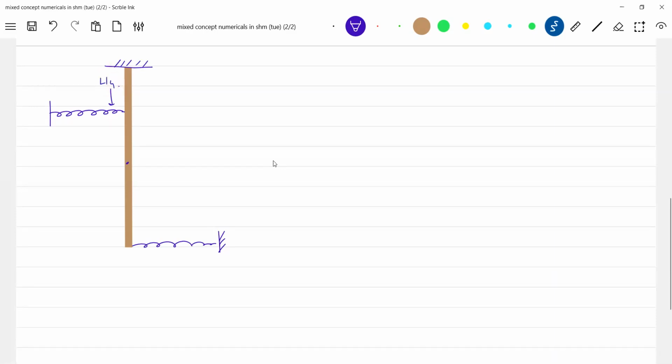L by 4, K1, K2. Length of the rod is 3L by 4. Okay, initially the springs are relaxed. Now slightly I'll displace the lower end of this rod. Find the time period of oscillations.